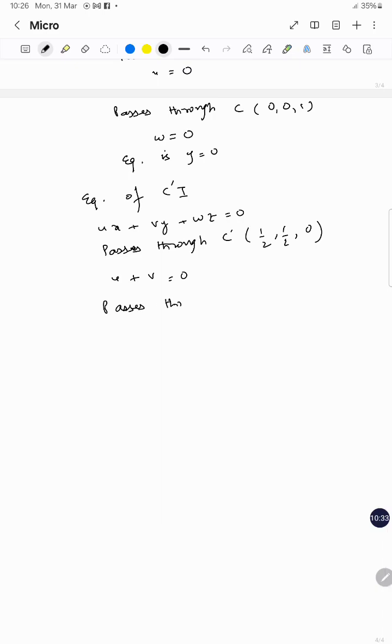It passes through the incenter, which is a upon a plus b plus c, b upon a plus b plus c, and c upon a plus b plus c. So ua plus vb plus wc equal to 0, with a plus b plus c the common denominator.